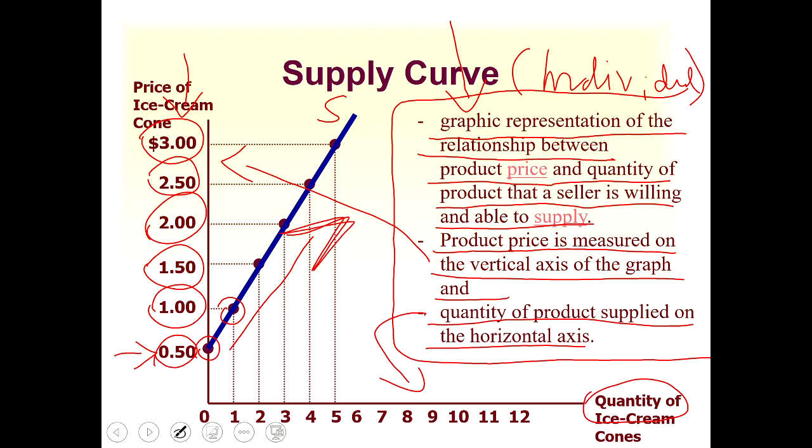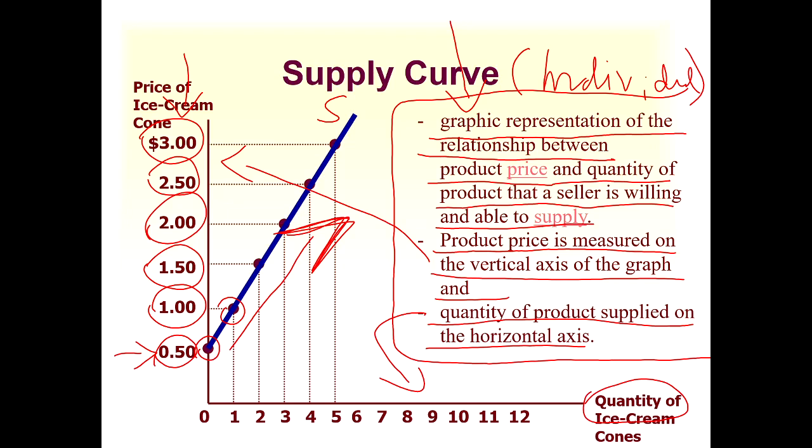So this positive slope simply means that there is a positive relationship between the x-axis and y-axis. So whenever the curve or the slope goes upward from left to right, it means that there is a positive relationship or positive slope.